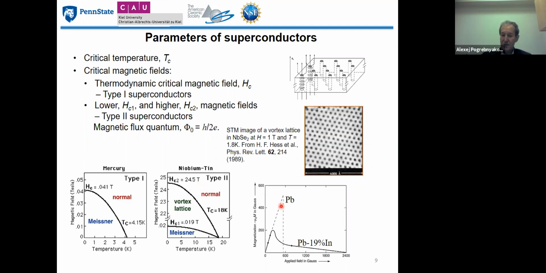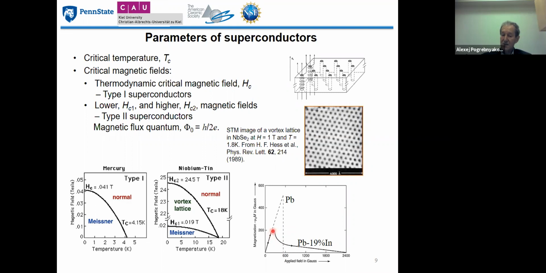the sample becomes fully normal, with no superconductivity. For example, this plot shows that lead, pure lead, is a type 1 superconductor, as shown here by the dashed line. It has a particular thermodynamic critical field that is below 600 Gauss, but lead alloyed with indium is a type 2 superconductor.